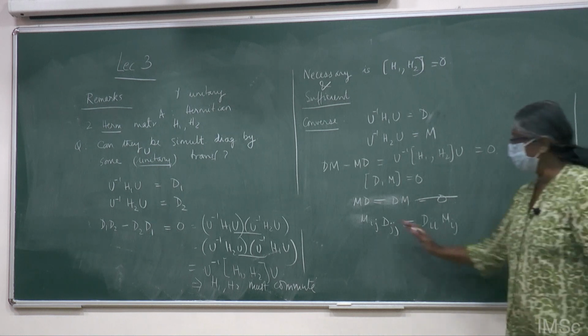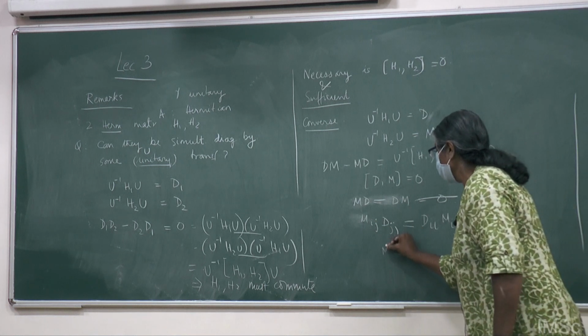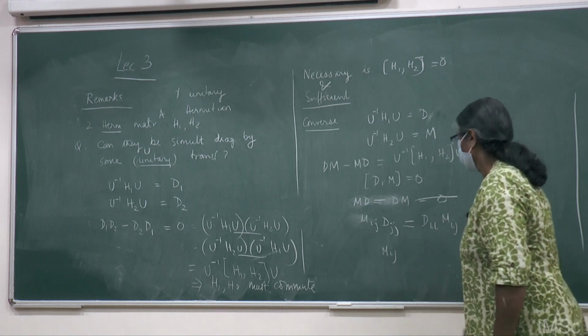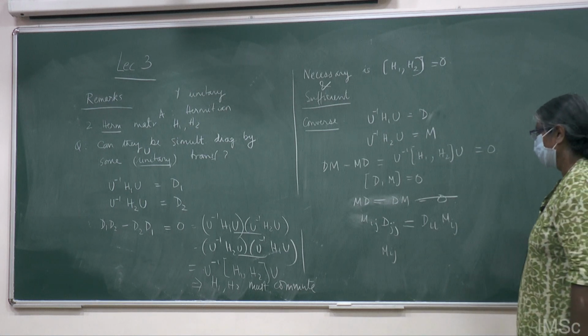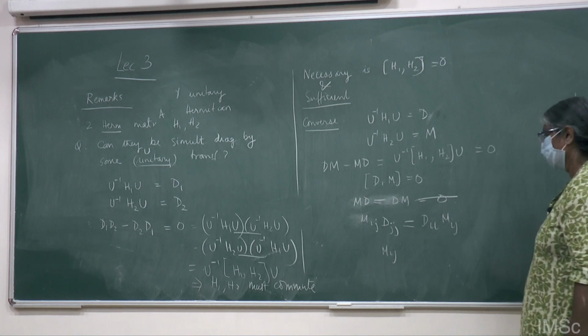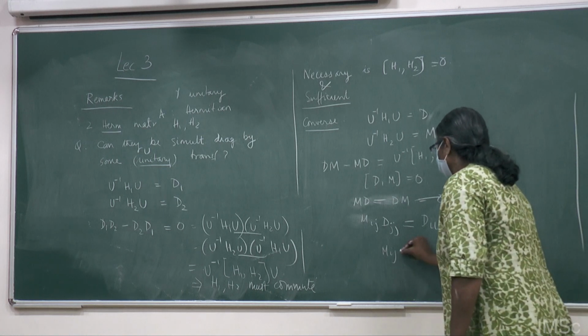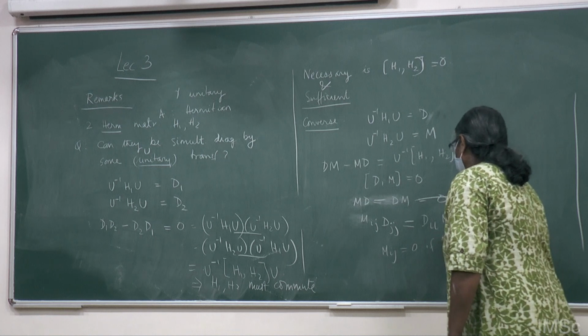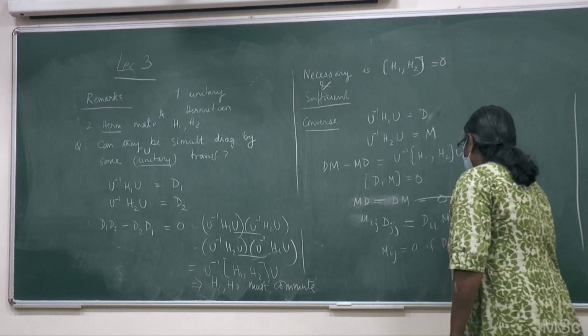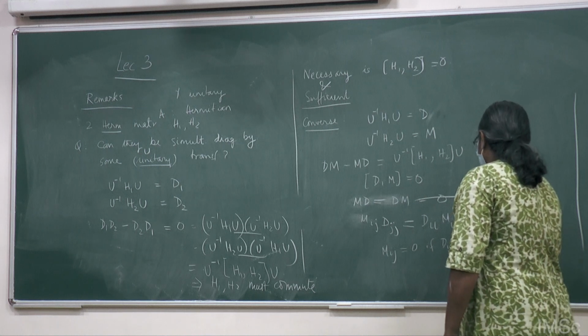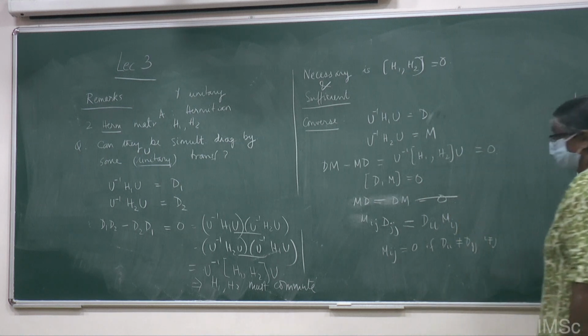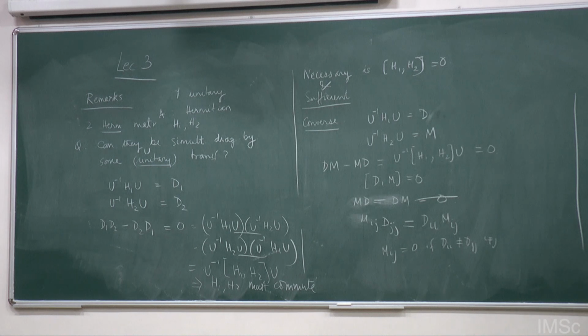And you can see there's Mij on both sides. So what it says is that Mij equal to 0 if dii not equal to djj, that is i not equal to j. These are diagonal.